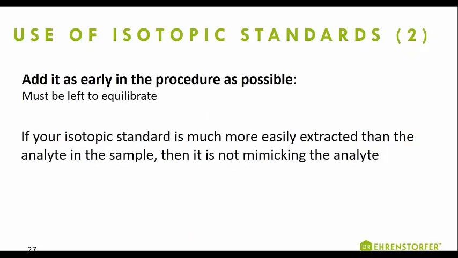Secondly, as with any conventional internal standard, if your internal standard is to mirror every step in the procedure, then it must be added right at the start. This includes extraction. If you add the internal standard onto the surface of your sample and wash it straight off again with the extraction solvent, then it is not mimicking the difficulties in extracting the analyte. So as with any spiking, the internal standard needs to be in a solvent that's absorbed by the sample.